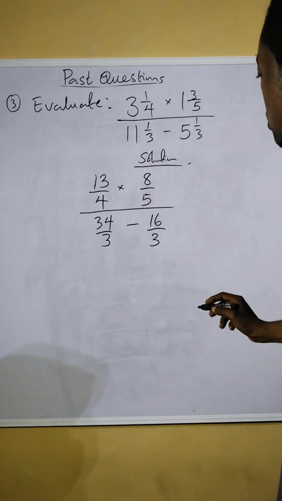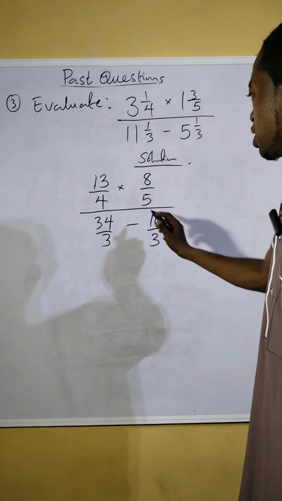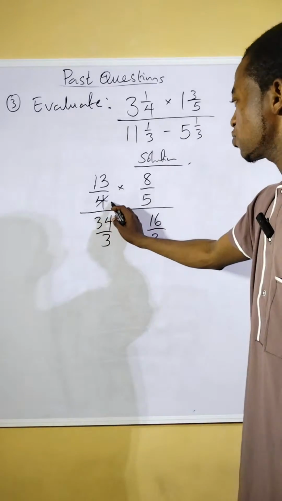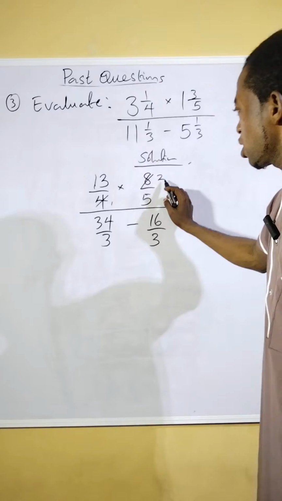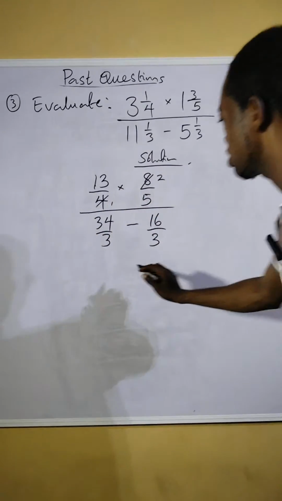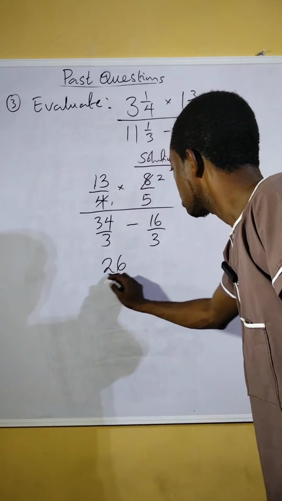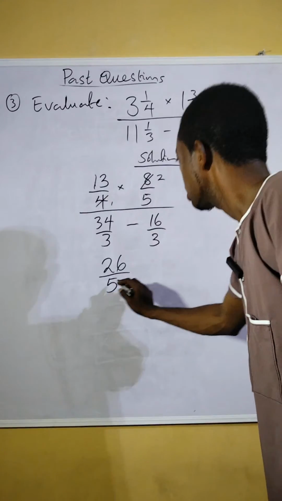We can reduce this fraction because here 4 goes here 1, 4 goes here 2. And here 13 times 2 give us 26. So we can say this is 26 over 5 up here.